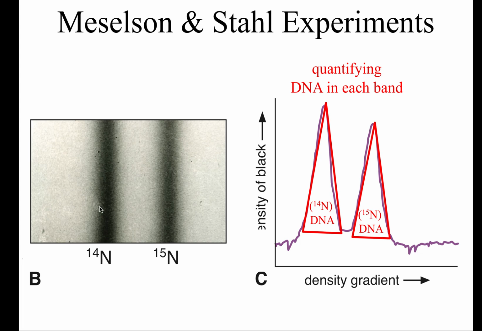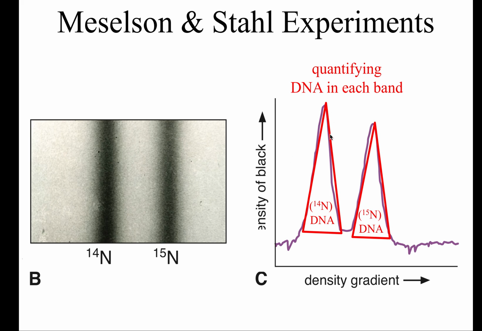So they get a band of DNA that is labeled with 14 nitrogen at one spot, and 15 nitrogen shows up at a different spot, okay? And there's some distance in between them. So they can tell the difference between DNA labeled with 14 and DNA labeled with 15.